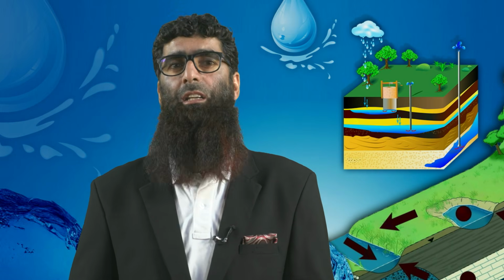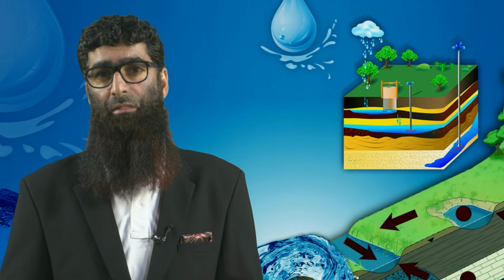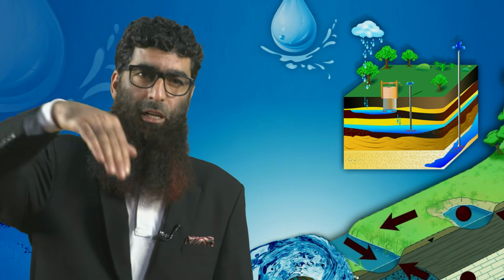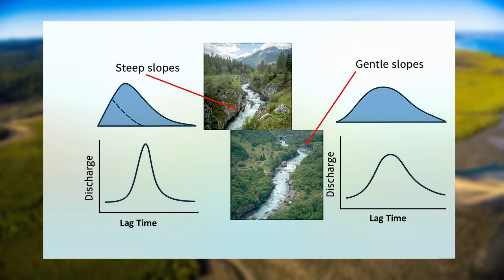Likewise, relief of the watershed has a strong influence on the hydrological response and the shape of the hydrograph. Watersheds with steep slopes develop a short lag time and a sharp rising limb due to rapid overland flow, whereas gentle slopes produce longer lag time and lower peak discharges.